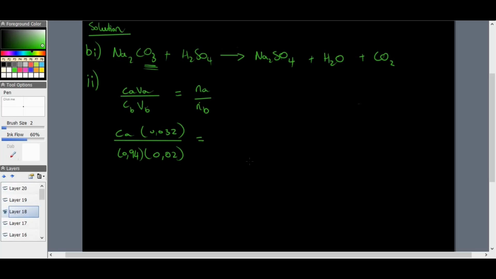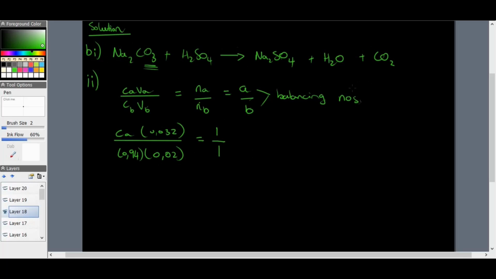Now remember, the formula is equal to Na over Nb, which is equal to A over B, and A over B we knew was our balancing numbers, in other words, the mole ratio. You can see everything is balanced in the ratio of 1:1:1, so they are all balanced. So therefore, it's just equal to 1/1.